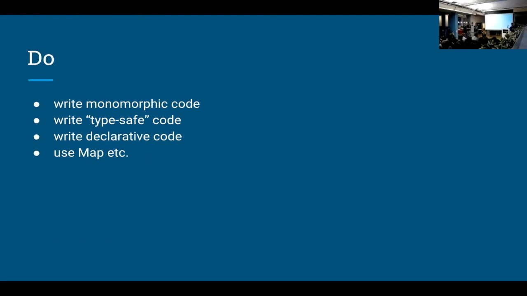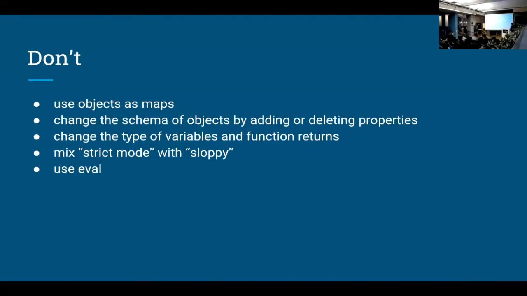Monomorphic code, for example, is about the shape. If Chrome sees an object and it changes shape two times, so you have three shapes, it says, okay, I can optimize that. Edge, for example, kicks you out of the fast code even if you change it once. So those dos and don'ts are for all browsers.